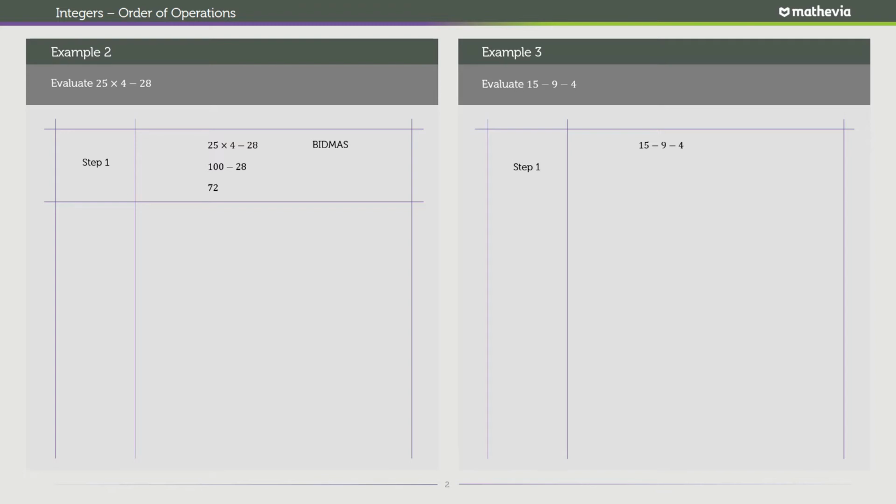In a situation like this where you have just one operation, just subtraction, you work from the left to the right as you normally do. So there's no BODMAS involved here, and you just say 15 minus 9 is 6, 6 minus 4 gives you 2. Simple.